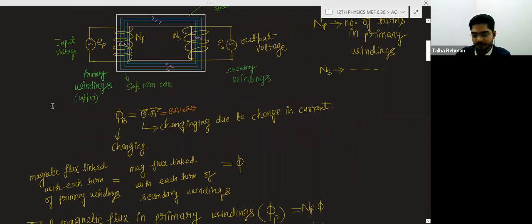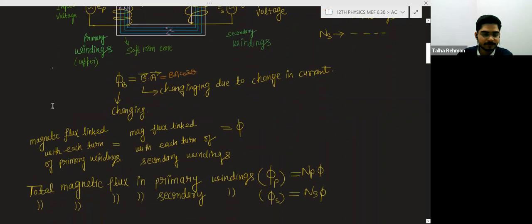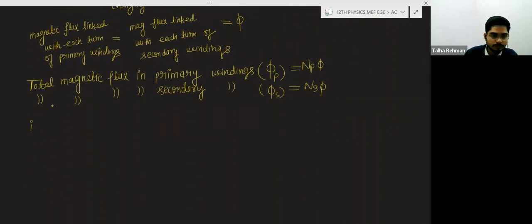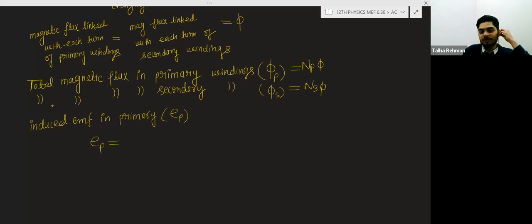So the induced EMF in the primary, suppose represented by E suffix P, is equal to, according to Faraday's law of electromagnetic induction, minus the change in the magnetic flux in the primary winding divided by dt.